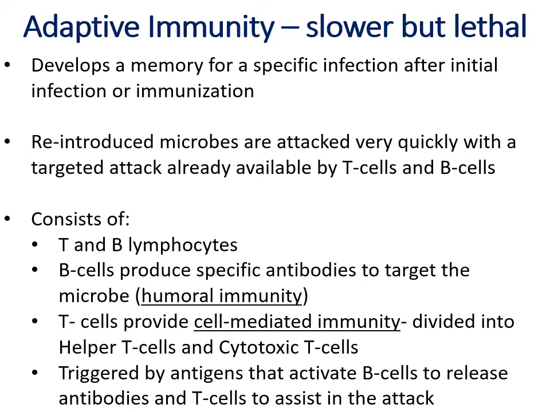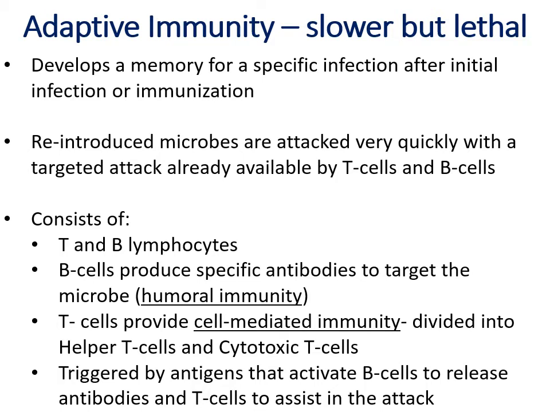The B cells can produce specific antibodies to a target microbe, and we call this system the humoral immune system. So it's part of the serum. It's in what's called the humor, which is the liquid part of the blood, right? So it's called humoral immunity.